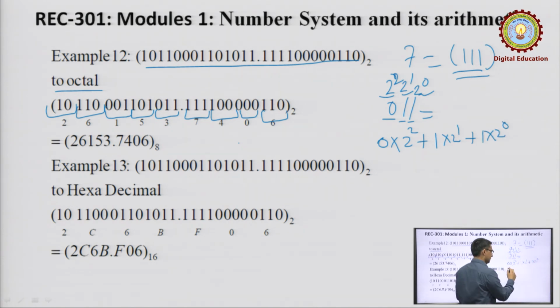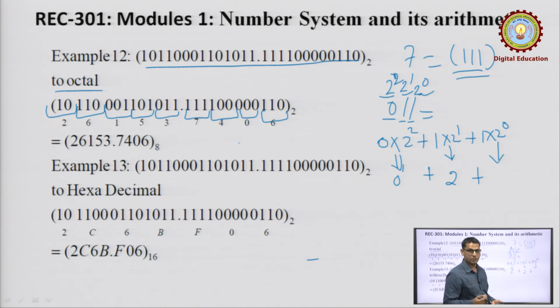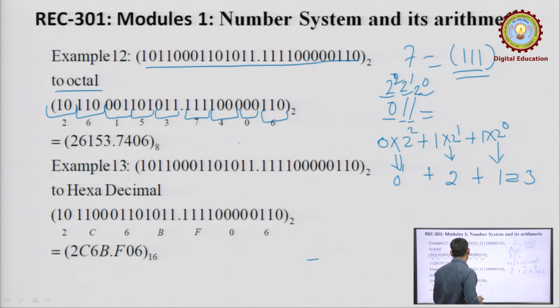So, this is 0 plus 1 into 2 to the power 1, 2 to the power 1 is equal to 2, so 1 into 2 is equal to 2, and 2 to the power 0 is equal to 1, so 1 into 1 is equal to 1. So, this is 3. That is why we have written down the 3 for this, okay.